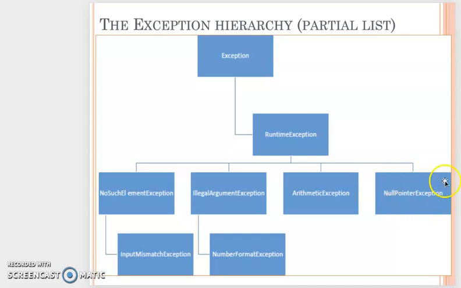The NullPointerException, you will sometimes see, happens when you declare an object reference, but this object reference doesn't refer to any object. So if you try to access it to invoke any method, the NullPointerException will happen. ArithmeticException usually happens when you do a calculation.